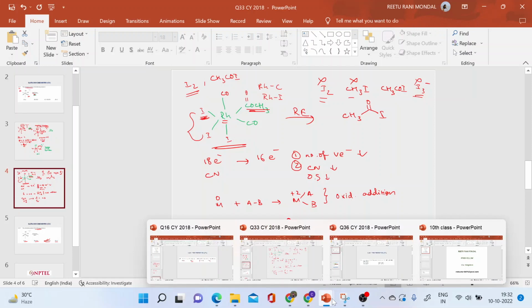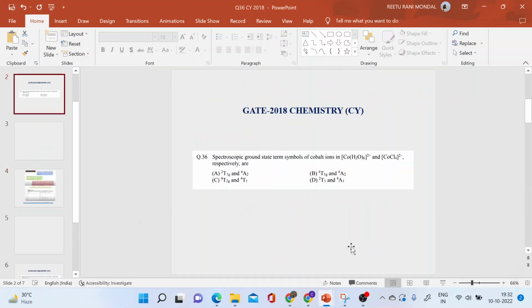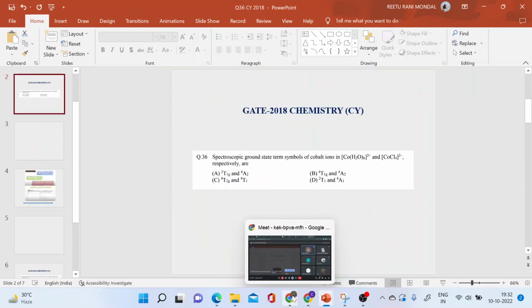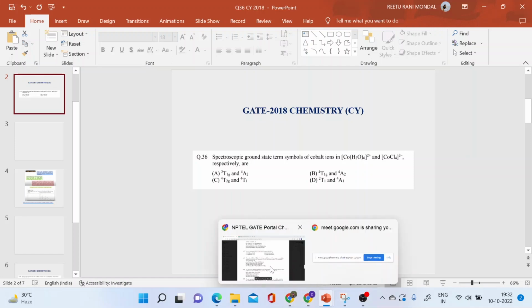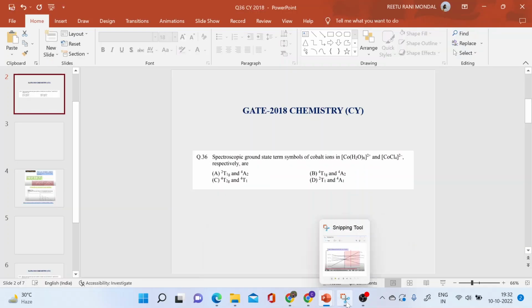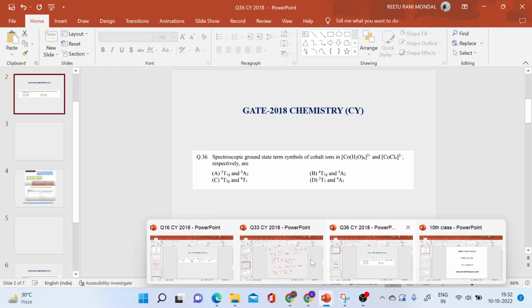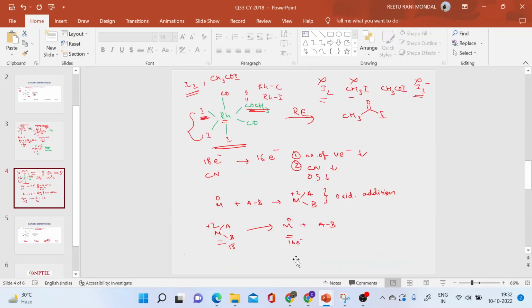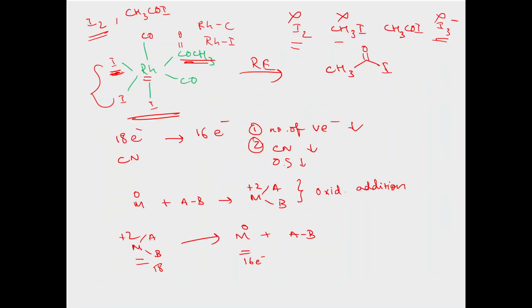Ma'am, is there any role of the trans effect in this case? Trans effect in this case? Can you explain how you are saying that? Ma'am, I'm not saying, I'm just asking whether there is a role of the trans effect here.